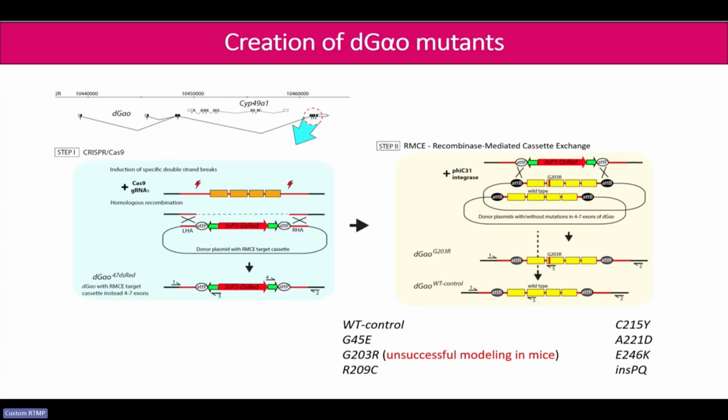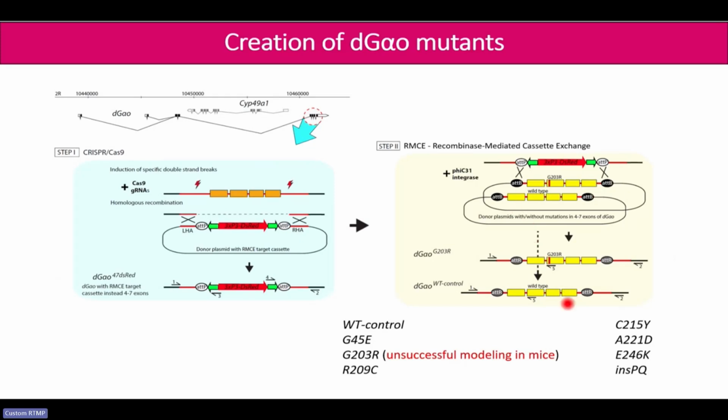In the first step, we substituted these exons with a cassette containing marker genes, flanked with sites which can be used in the cassette exchange, and after that we exchanged the RFP marker for mutated exons.